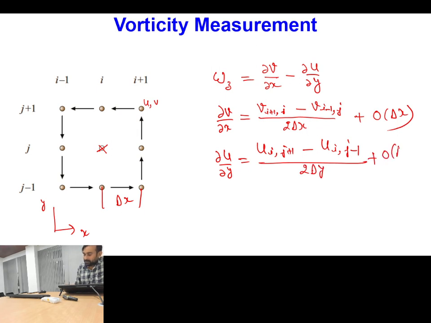If I take a second derivative, then the square will come. In the first derivative, it will be 2 delta x. Go to your CFD notes of the finite difference method. Is this one clear?